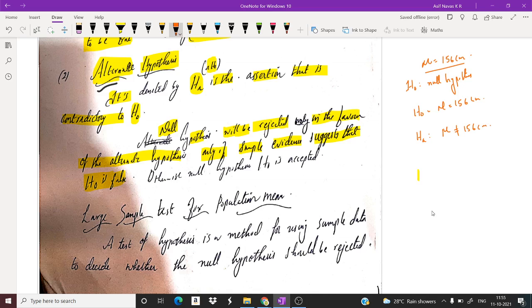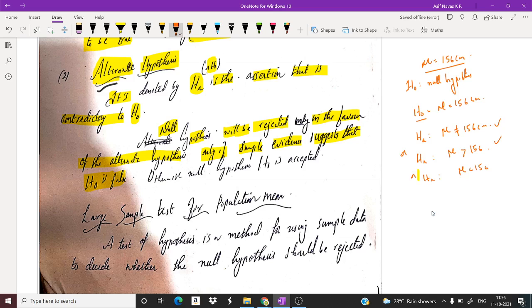This is a contradicting assertion to H naught. Or we can take mu greater than 156, or mu less than 156.